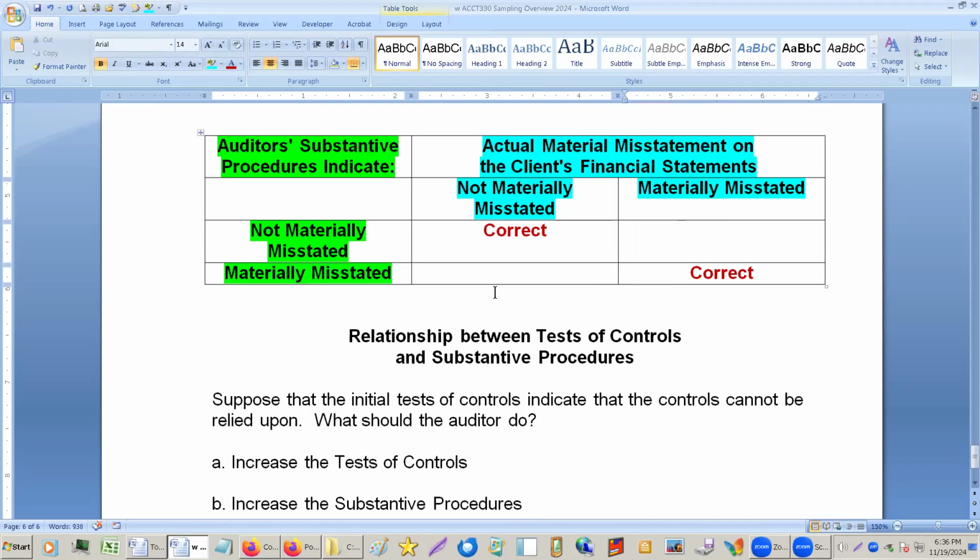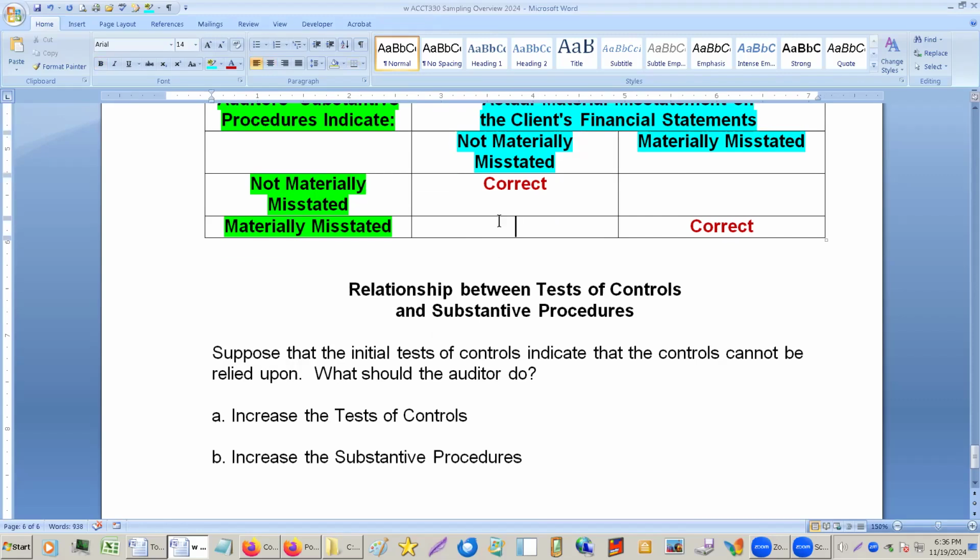Now, when we come to these other two, we'll notice that there is a problem. Suppose we say that they are materially misstated and they're not actually materially misstated. What we'll probably end up doing is more testing. This again runs into that inefficient one.